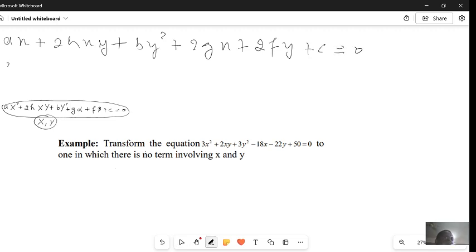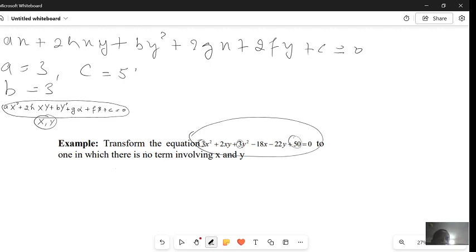Now let's determine the value of a. In this equation, what's the value of a? The value of a equals 3. What's the value of b? The value of b is the parameter of y square, equal 3. Now what's the value of c? The value of c doesn't have any variable, so it's going to be equal 50.